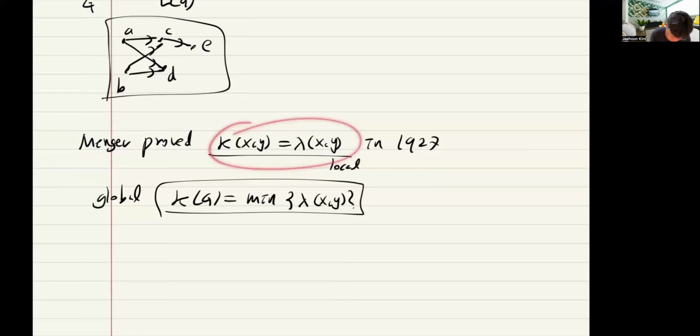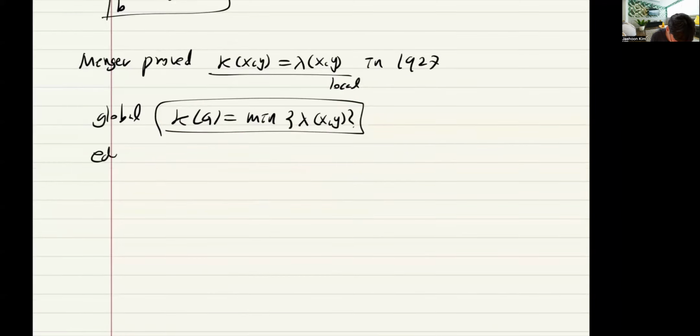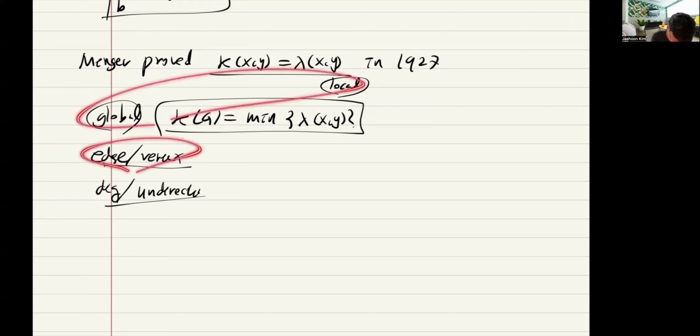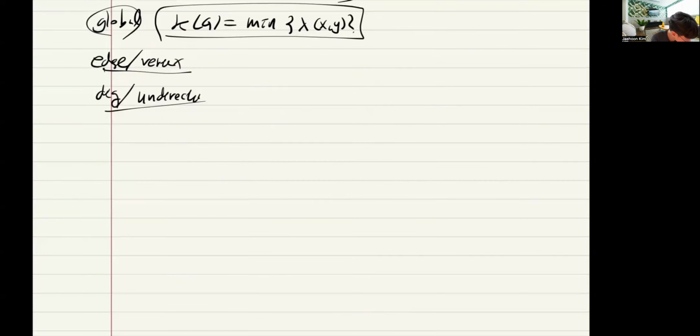If you know this, then we can actually prove this. And also there is the edge version. So there is local version, global version, edge version, vertex version, directed version, undirected version. And there are two choices. So there are 8 combinations. And all of them are called just Menger theorem.